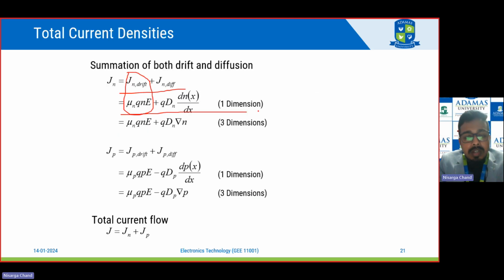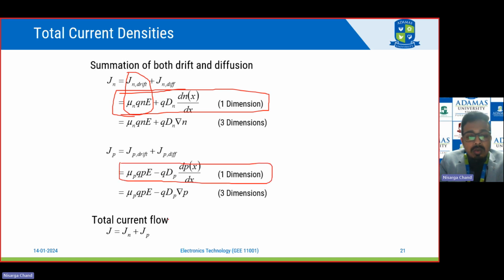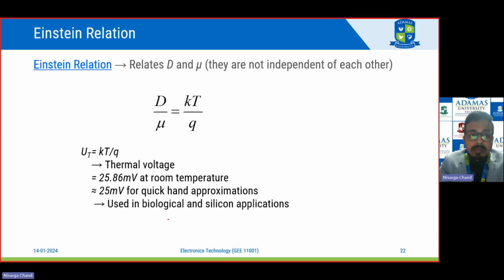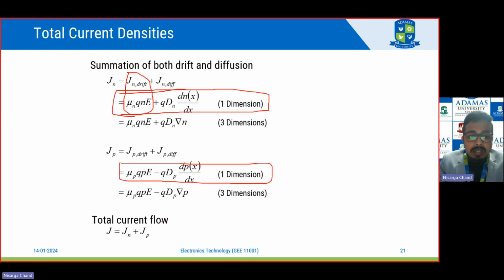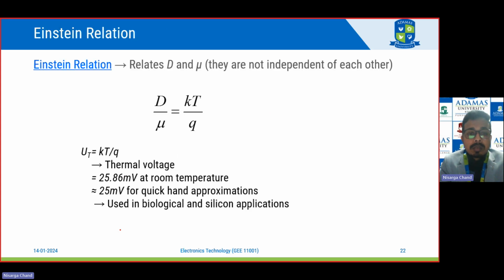That is for one dimension. And this one is for Jp, Jp drift plus Jp diffusion, the same equation for one dimension. The total current flow J equals Jn plus Jp. So you can easily combine these two expressions to calculate the total current in the semiconductor.